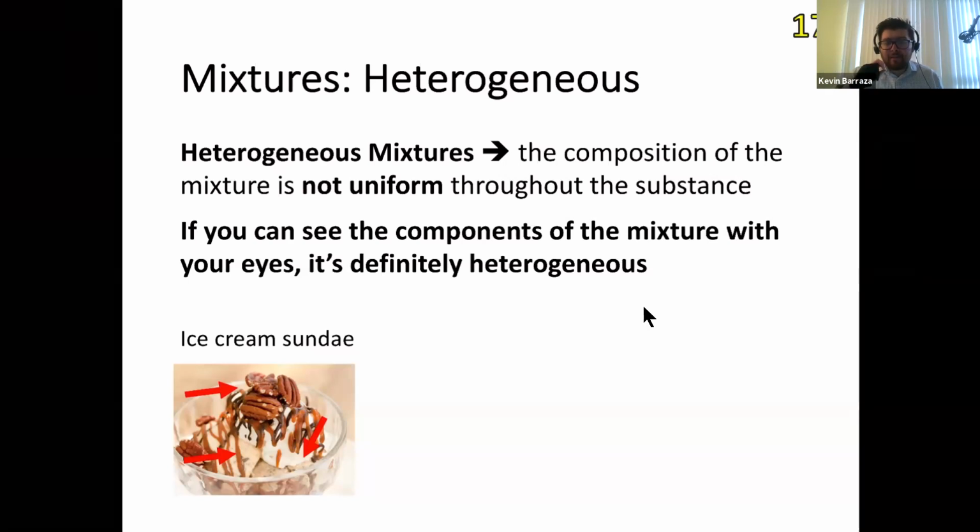Because if I take a sip from the top, it's nice and pleasant maybe, but if I take a sip from the bottom with a straw, I'm going to have huge chunks of sugar in my mouth and it's not going to be as pleasant. So anytime we can tell one position has a different amount of substance than another, like an ice cream sundae, that's heterogeneous.